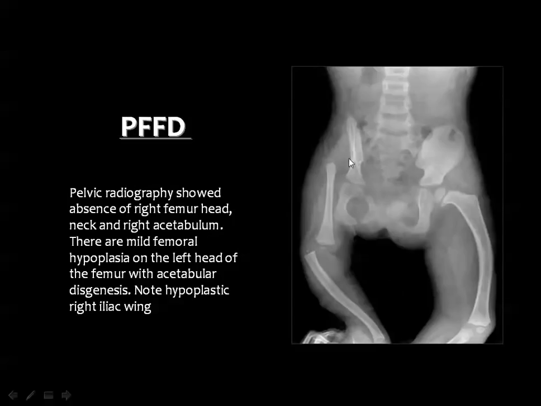Like in this case, there is no acetabulum, there is no femoral head, there is no femoral neck, and the proximal end of the shaft is bulbous, and the limb is shortened. The femoral shaft is displaced severely away from the supposed acetabulum.